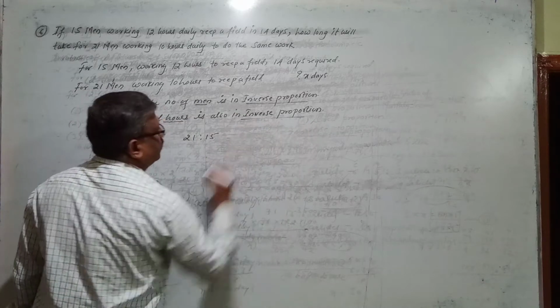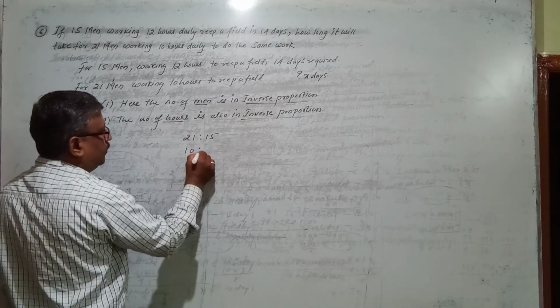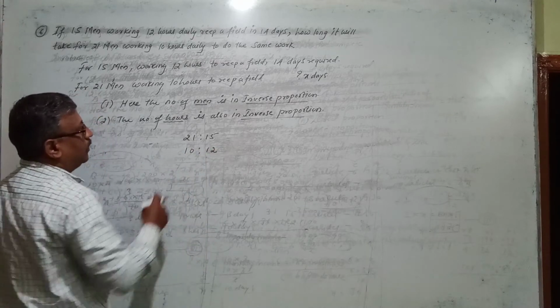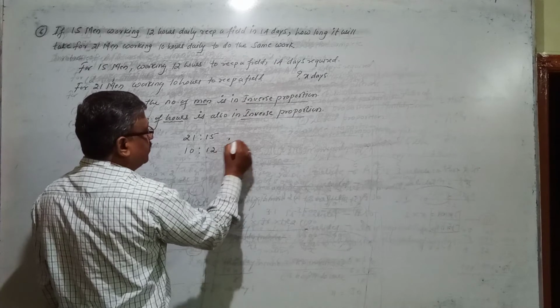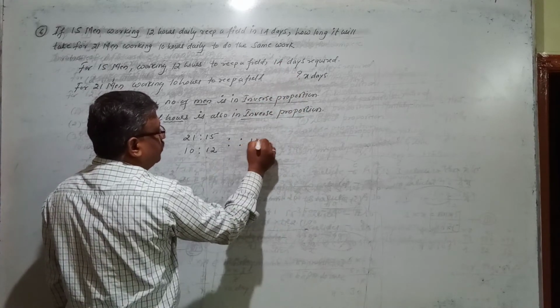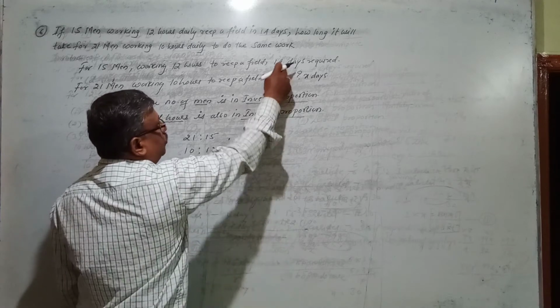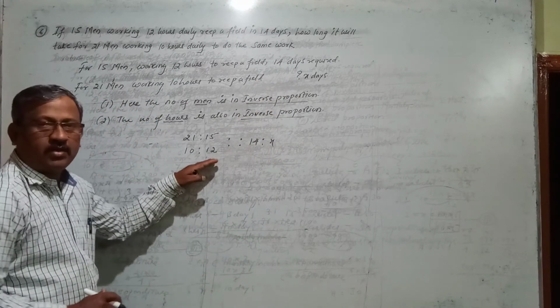Hours are also in inverse proportion. So how do you write the ratio? 10 is to 12. And these 2 ratios you write equal to the last ratio, as it is, 14 is to x. This ratio is always written in direct proportion. This is called the proportion.